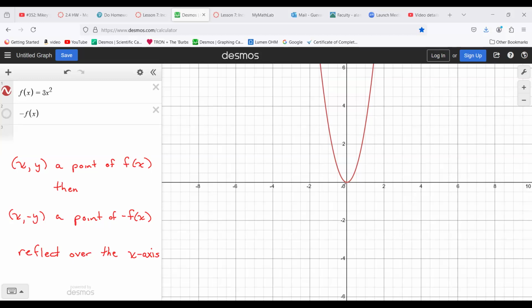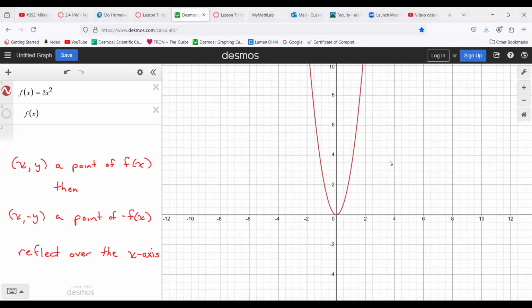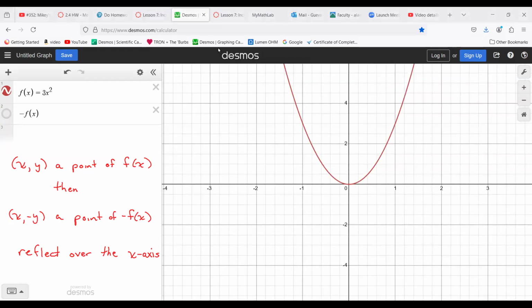I'm just going to move my graph out just a little bit here. There we go. This is the point (1, 3), and then over here is the point (-1, 3).